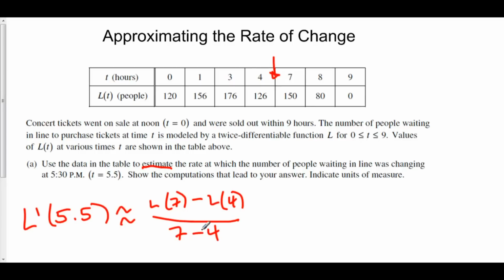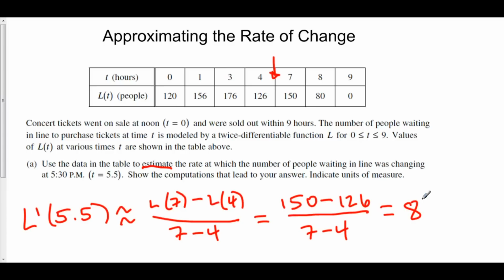This is the slope between t equals 4 and t equals 7. This is 150 minus 126 over 7 minus 4. 150 minus 126 is 24. 7 minus 4 is 3, and 24 divided by 3 is 8.